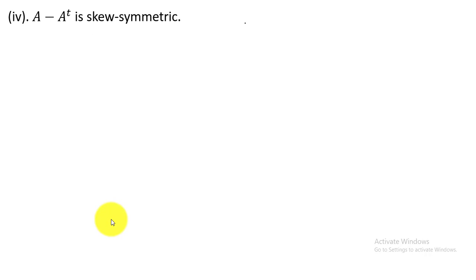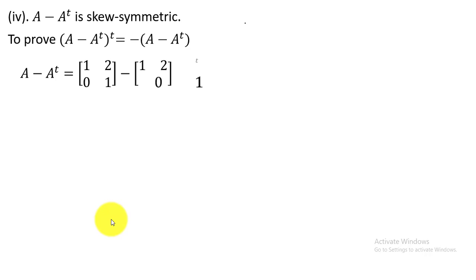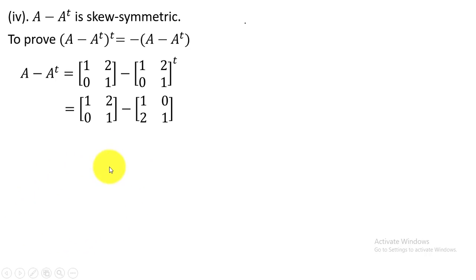In fourth, A minus A transpose is skew-symmetric. To prove: A minus A transpose whole transpose is equal to negative of A minus A transpose. First, we find the difference of matrix A and matrix A transpose. So first we find the transpose of matrix A, that is equal to the matrix having elements 1, 0, 2 and 1.